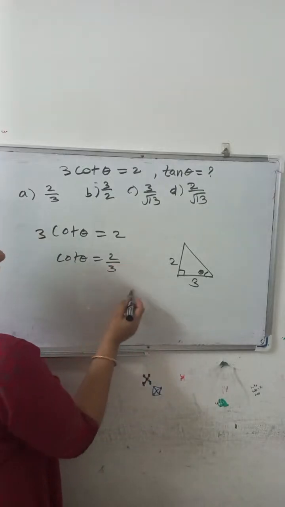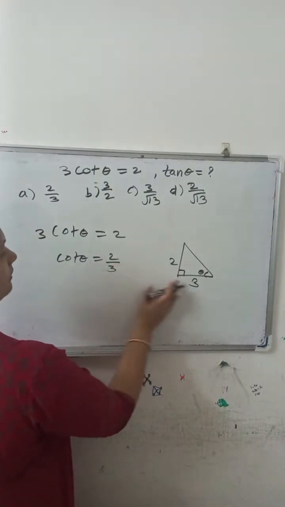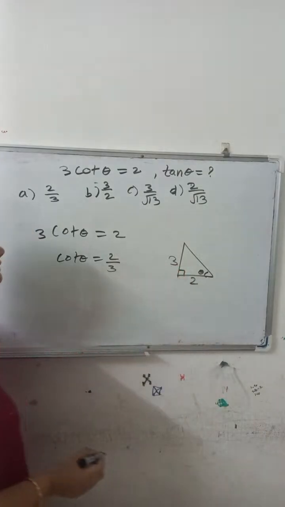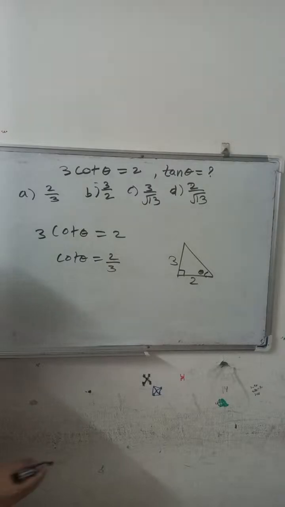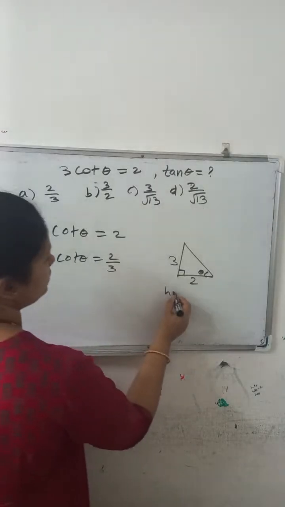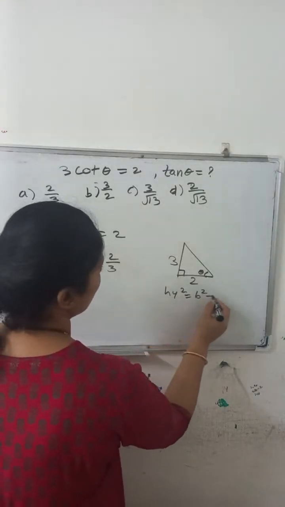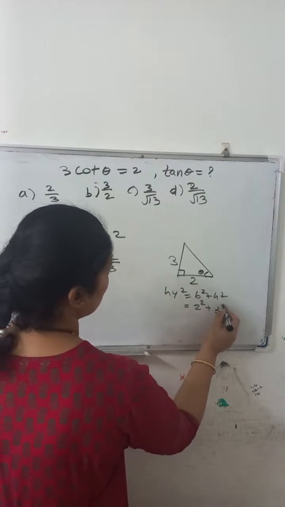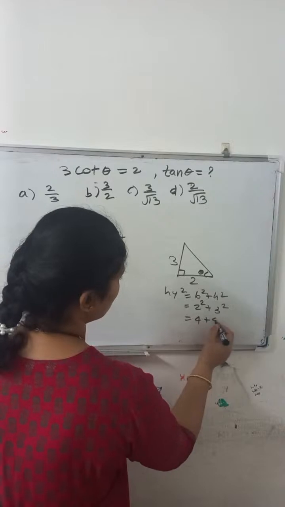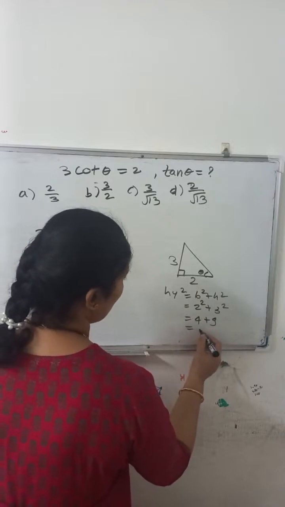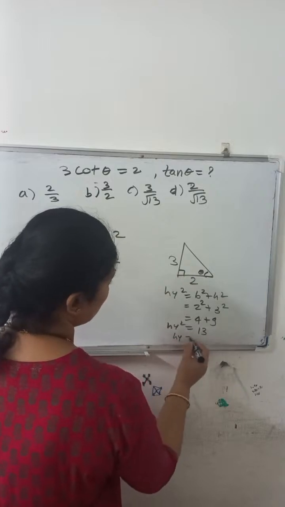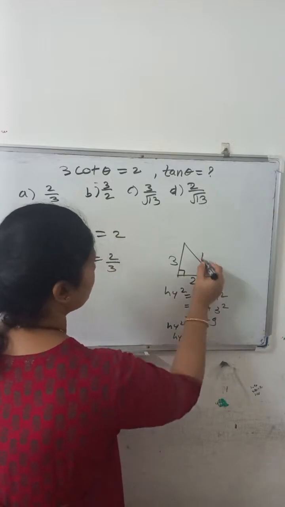Adjacent here is 2 and opposite here is 3. So calculate the hypotenuse: base square plus height square, 2 square plus 3 square, that is 4 plus 9, that is 13. So the hypotenuse is root of 13.